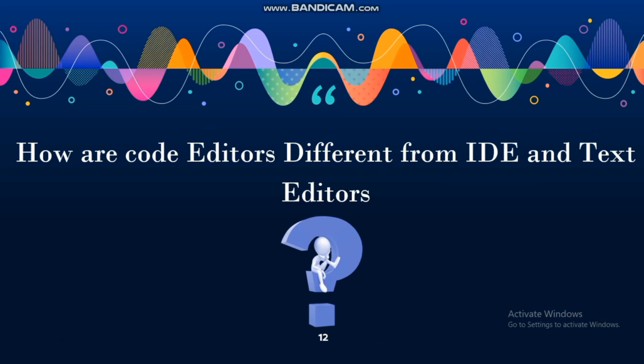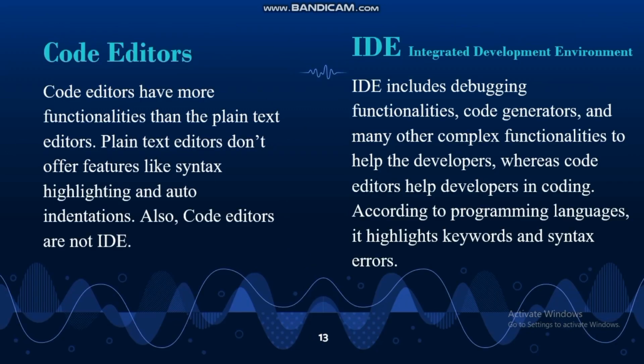And how are code editors different from IDEs and text editors? Here is a table showing the difference between code editors and IDEs, integrated development environments. Basically, code editors have more functionalities than plain text editors. Plain text editors don't offer features like syntax highlighting and auto indentation.